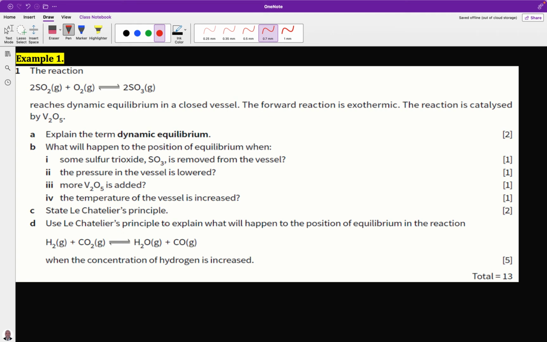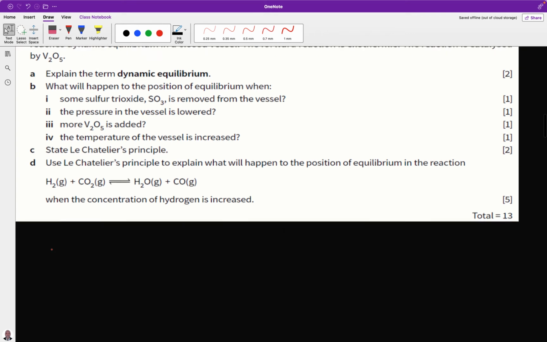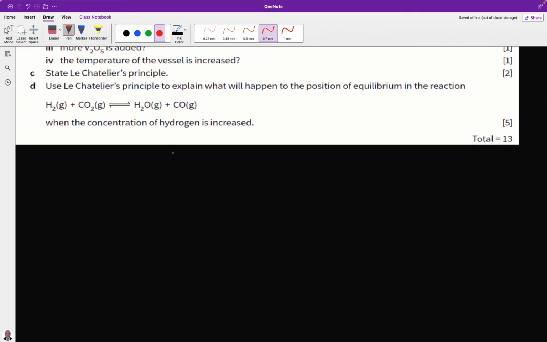Use Le Chatelier's principle to explain what will happen to the position of equilibrium in this reaction. We have hydrogen plus carbon dioxide at equilibrium to give steam and carbon monoxide.